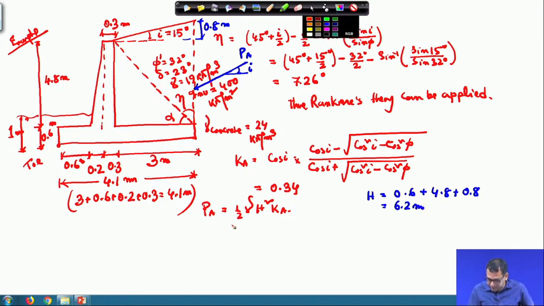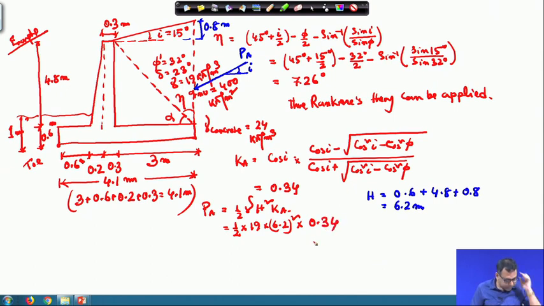So, P A is half into gamma, which is given as 19, into H, which is 6.2 meter, whole square, into K A, which is 0.34. That is equal to 124.2 kilonewton per meter.